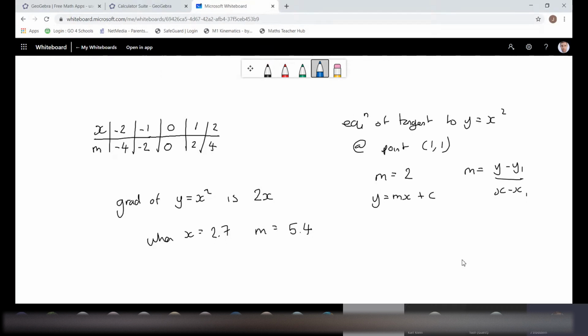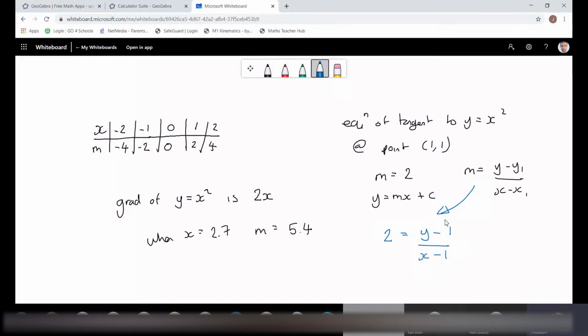I'm just going to do this in a different color. So I'm going to say the gradient is 2. My y1 and my x1 are specific points on that tangent. So I know that it passes through the point 1, 1. So I can say y minus 1 over x minus 1.